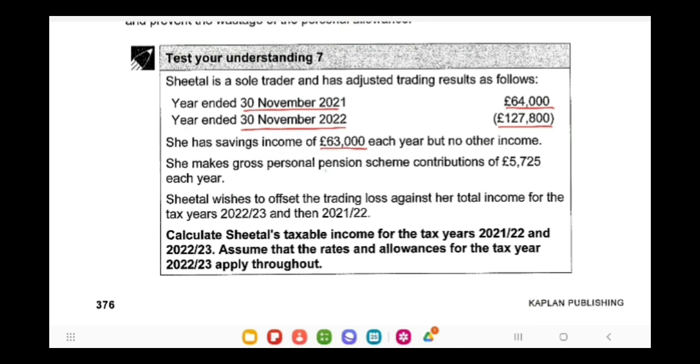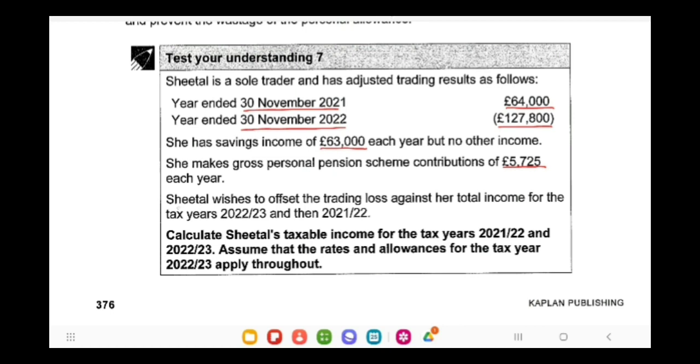She makes a gross personal pension scheme contribution of 5,725. The maximum restriction applicable is 50,000, because the adjusted total income is less than 2 lakh. If you deduct 5,725 from 64,000 plus 63,000, that is 1,27,000, it is obviously 1,21,000 something, which is less than 2 lakh. So we need to apply the restriction of 50,000.